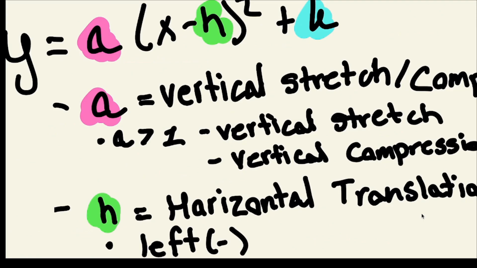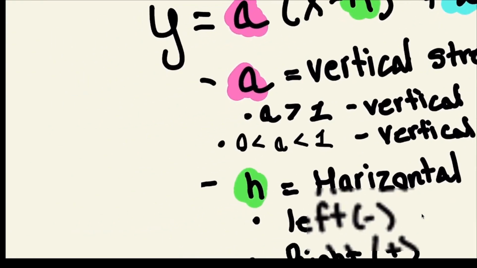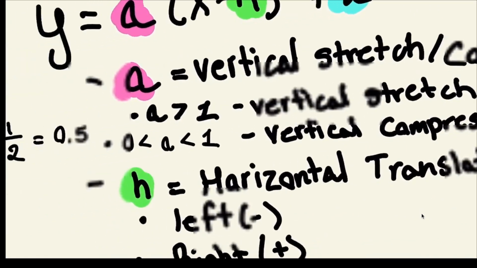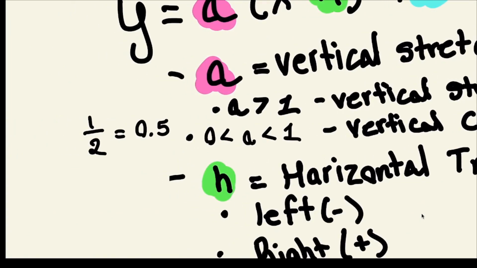But if a is greater than 0 but less than 1, then it will be a vertical compression. So if your a value, for example, is 1 over 2, that equals 0.5, therefore it's going to be a vertical compression. Not that hard, fairly simple.